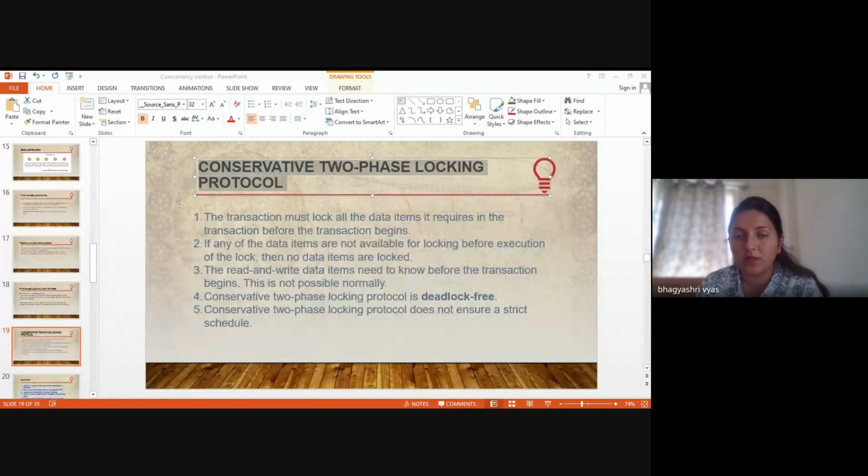Yes or no? Then only it will be beneficial for you. I'm asking just the difference between a transaction and a schedule.